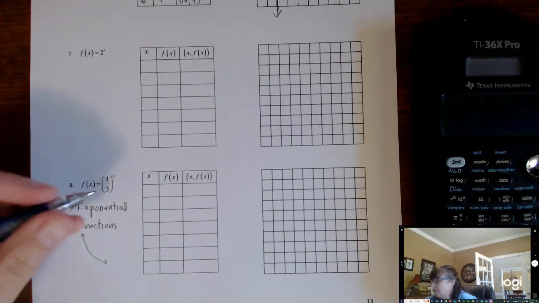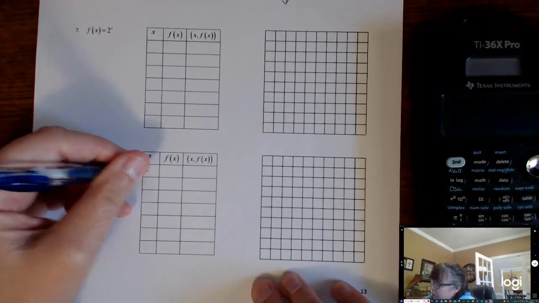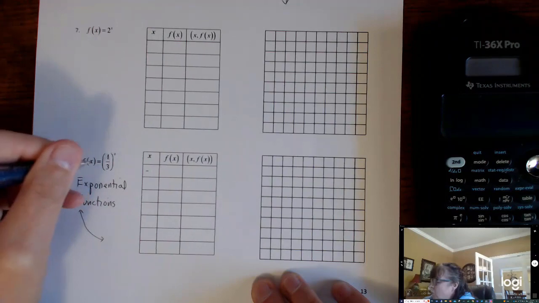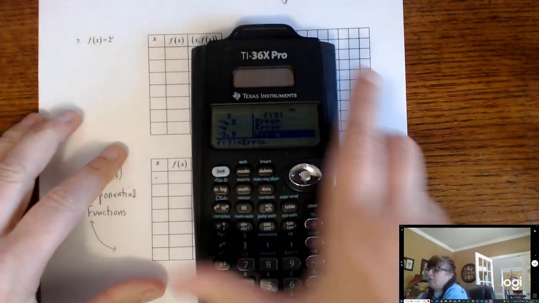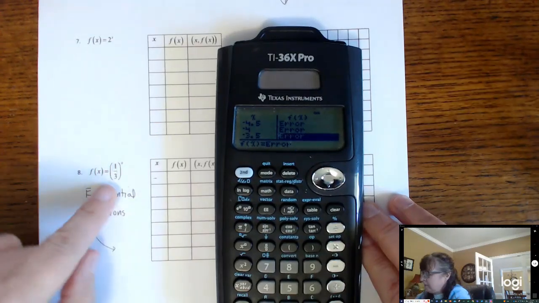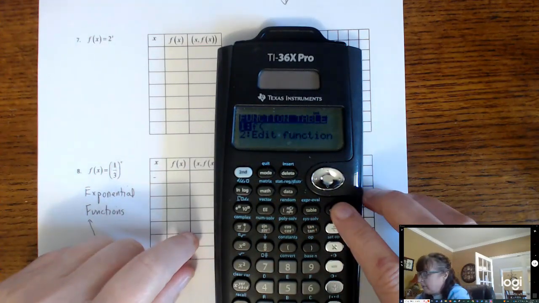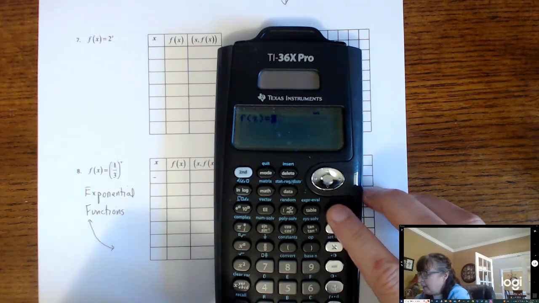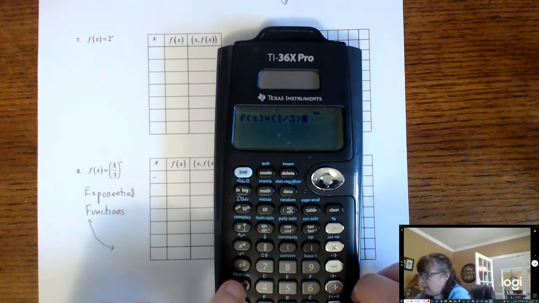So I'm going to start at -2. Well, I'm going to need more negatives. So let's say it's you and you don't know what's going on, and you just start by putting it in the table. Edit function, clear that one out, and then you have 1/3 to the x power.